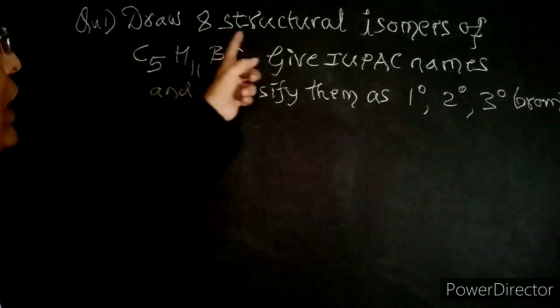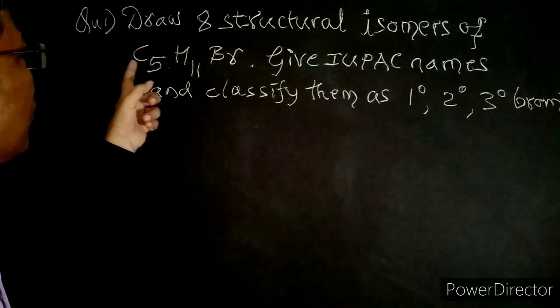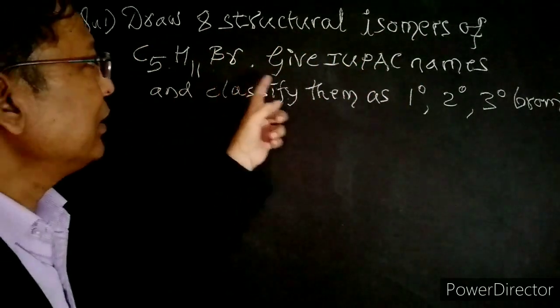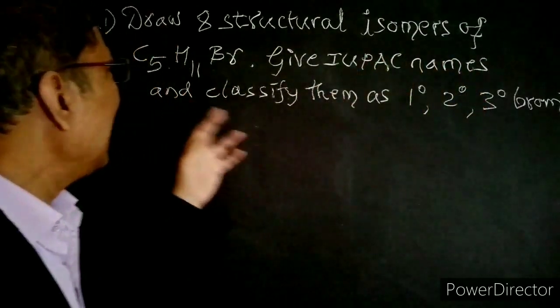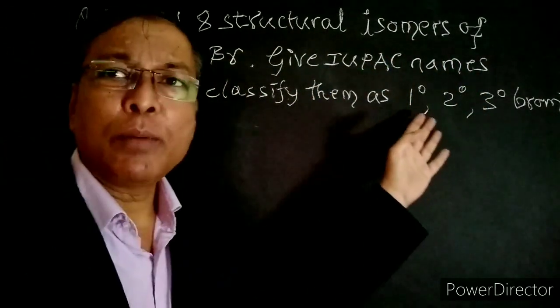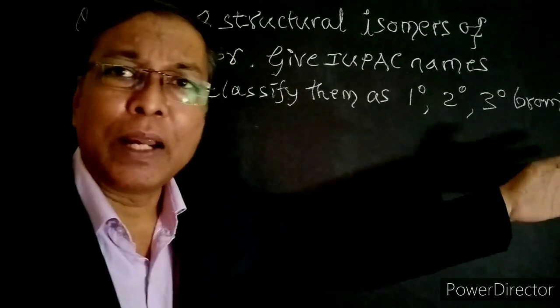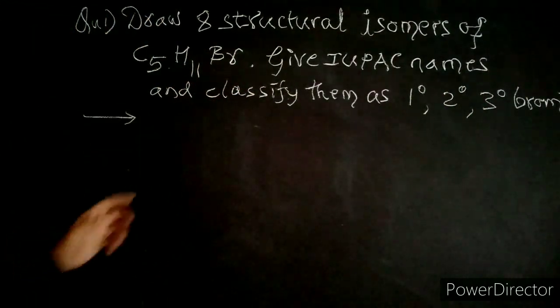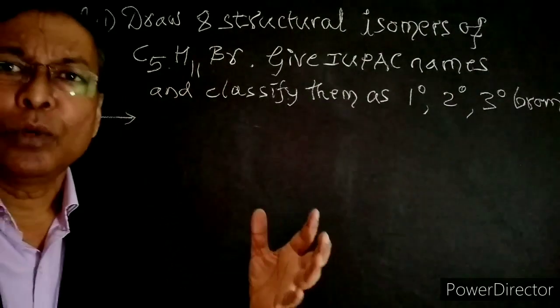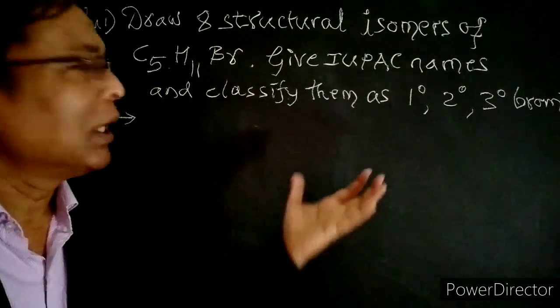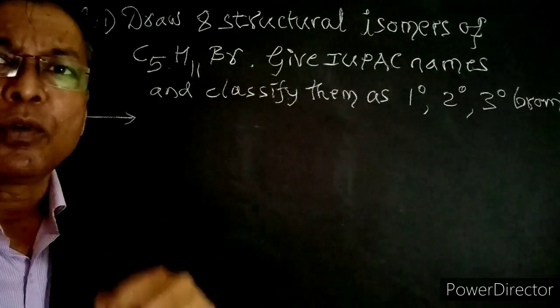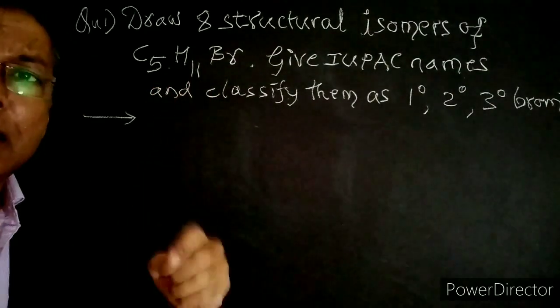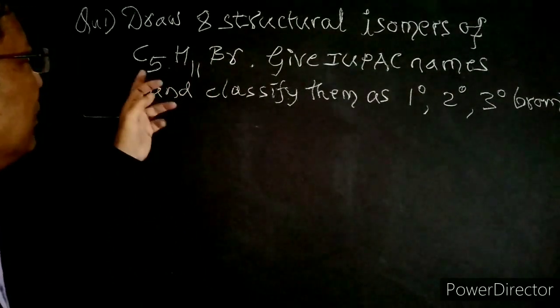Now let us take one very important question. Draw 8 structural isomers of formula C5H11Br, give IUPAC names and classify them as primary, secondary, tertiary bromides. Whenever we come across such questions, where a formula is given and we are asked to write the structures, first of all we have to find out whether any double bond is present in this molecule.